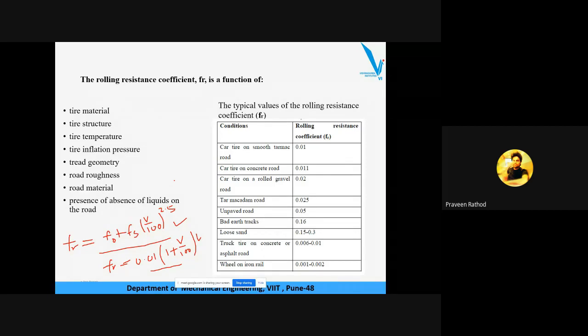Yes, tell me. Sir, rolling resistance is more when the speed of the vehicle is less. Yes, rolling resistance is more when the speed of the vehicle is less, and lesser when the speed of the vehicle is higher. So this plays a very important role in vehicle performance.